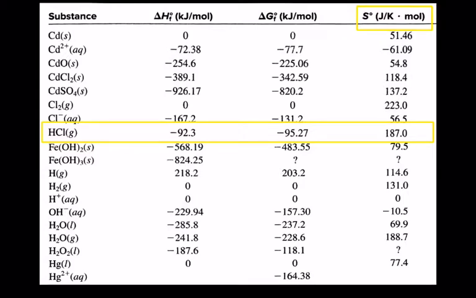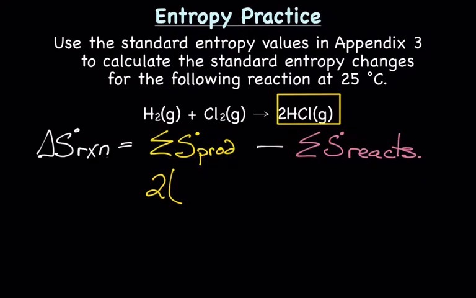We have 187.0. So 2 times 187.0 joules per Kelvin mole. And that's it for our products.